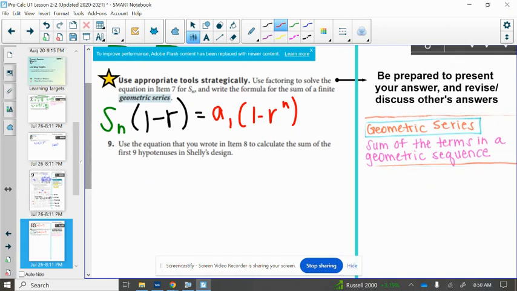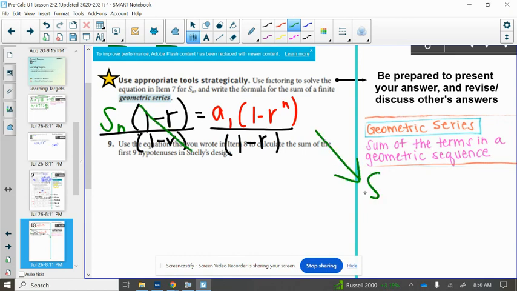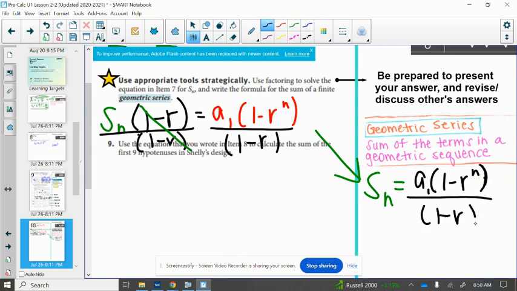If we divide everything by this 1 minus r to get S sub n by itself, this cancels out, and we're left with our sum being equal to our first term times 1 minus r to the n, all divided by 1 minus r.